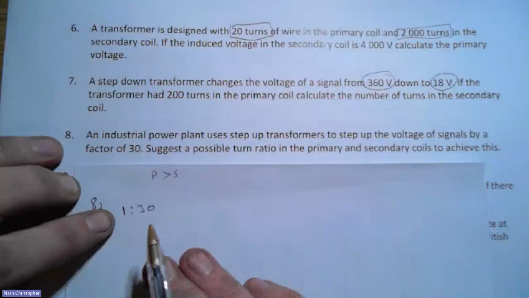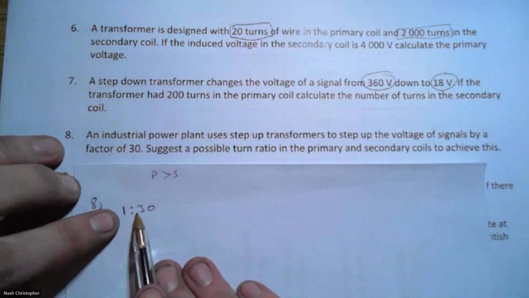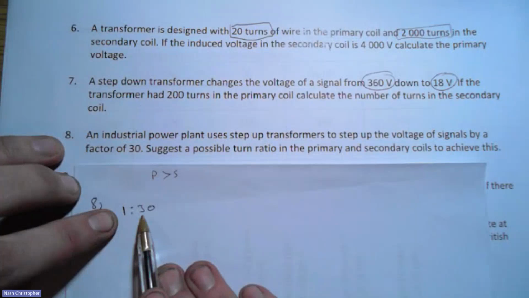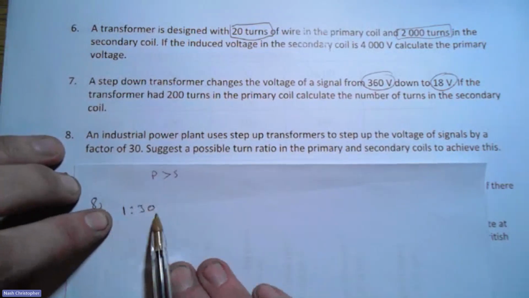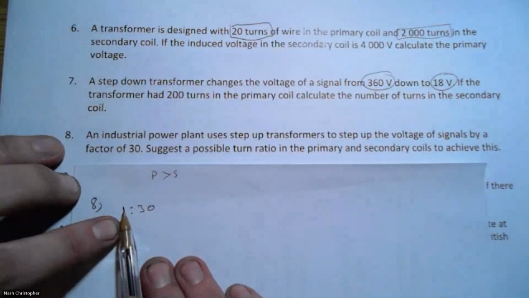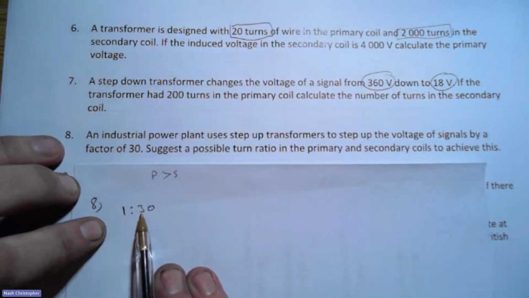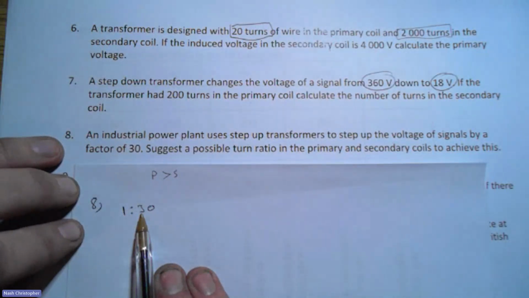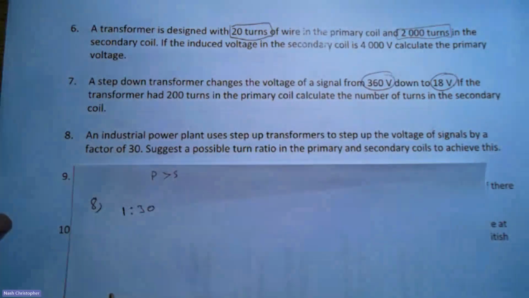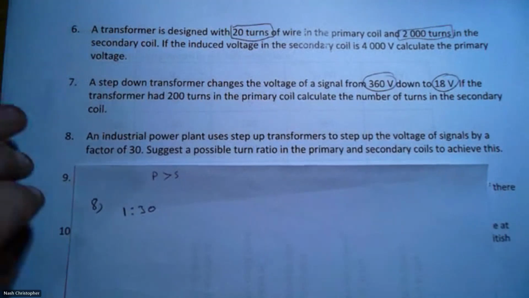So if you had to step the number up by a factor, then your ratio would be 1 to 30, which is good enough because if you had 1 volt on one side, you would have 30 volts on the other, similar to question 1A, where your number of turns actually matches the ratio.